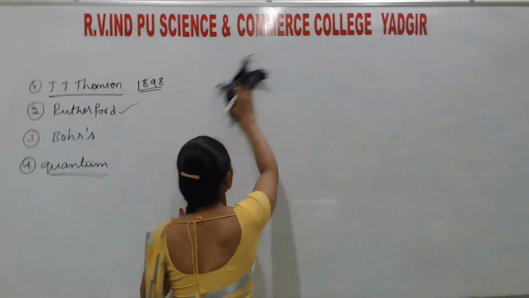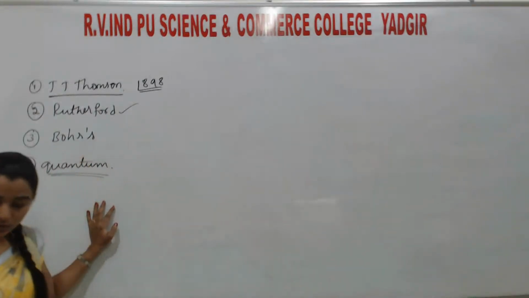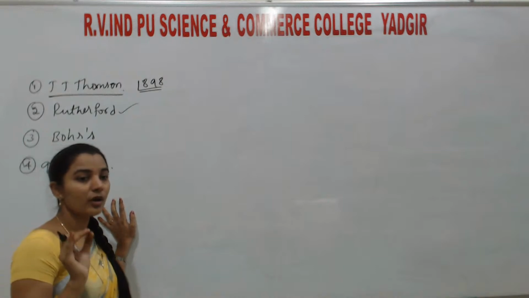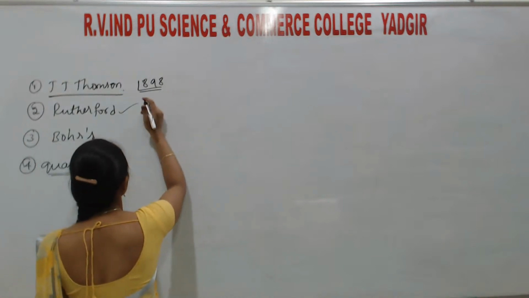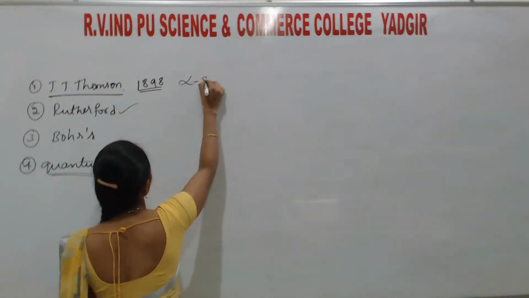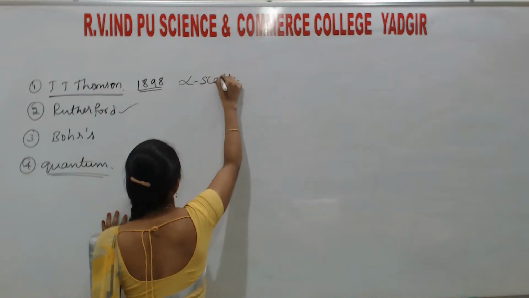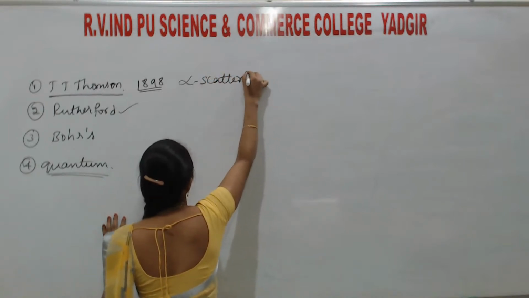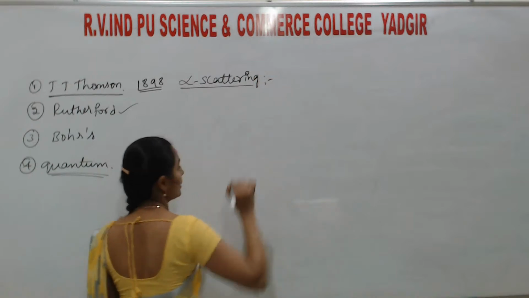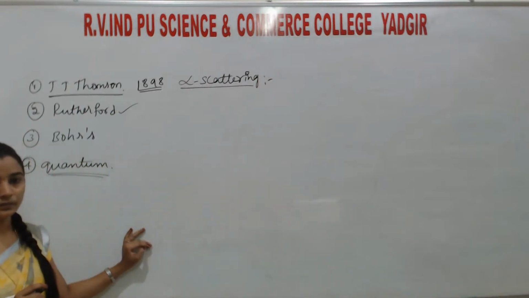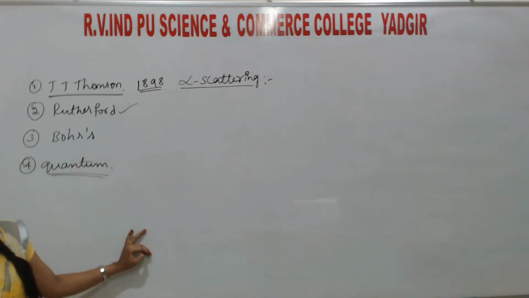So students, to suggest a structure of the atom, Rutherford conducted an experiment called the alpha scattering experiment. So what is that experiment?